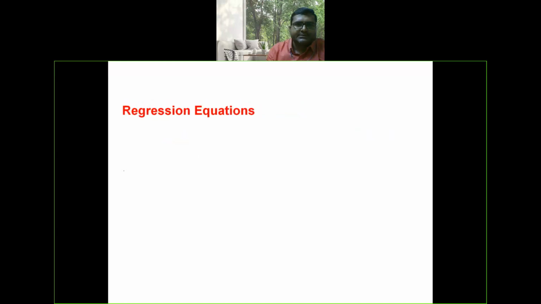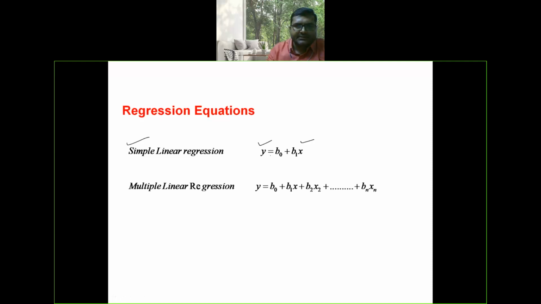Regarding regression equations, in simple linear regression, the regression equation is y is equal to b naught plus b1x. Dependent variable y, independent variable x. In multiple linear regression, dependent variable is y, independent variables are x1, x2 up to so on xn based on application.